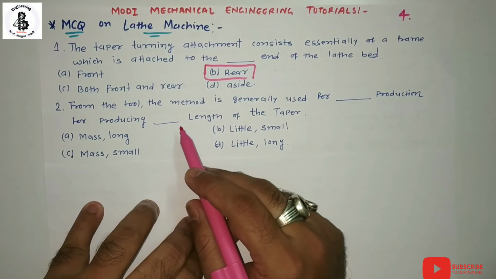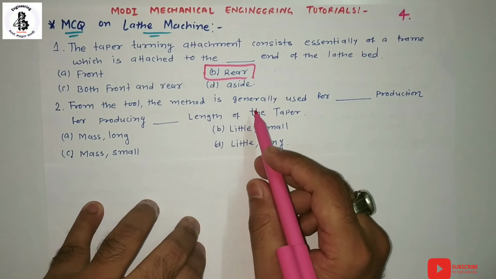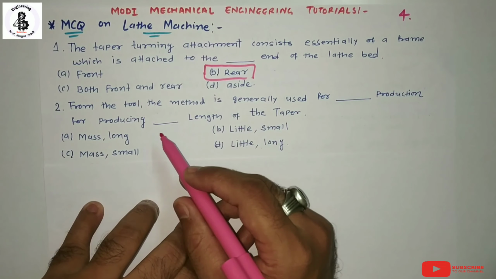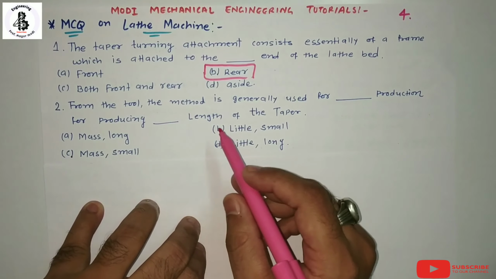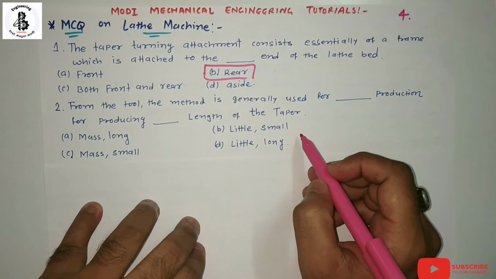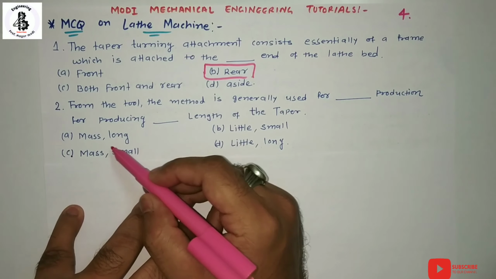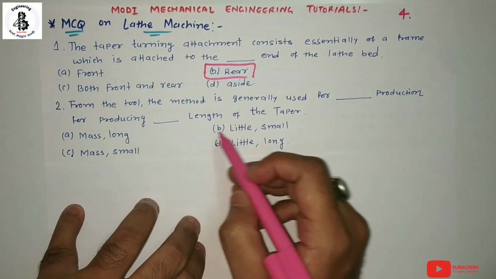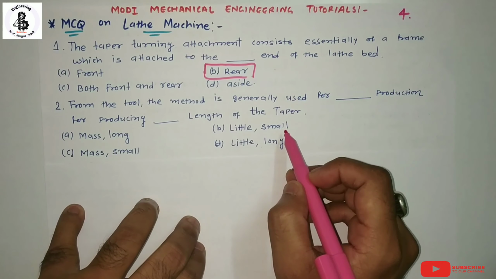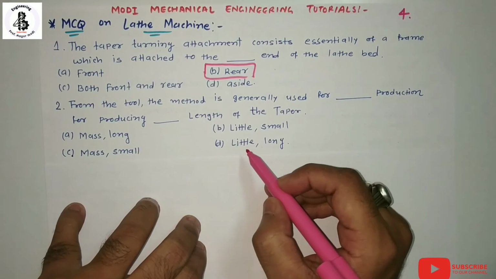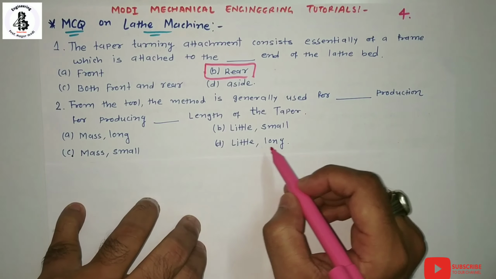The form tool method is generally used for which production, for producing which length of tapers? Option A, mass, long; option B, little, small; option C, mass, small; and option D, little, long.